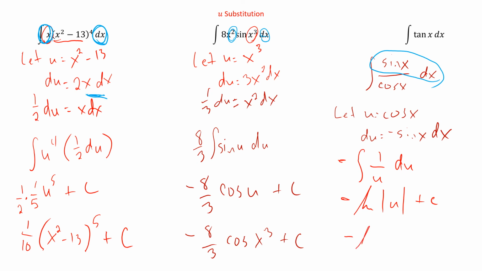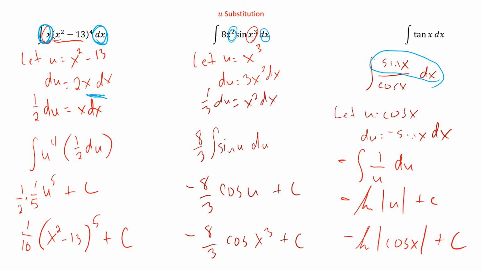So we have negative natural log of cosine of x plus c. So there's one that kind of jumps out at you. The antiderivative of tangent is negative natural log of cosine. Kind of weird, but that's what it is.